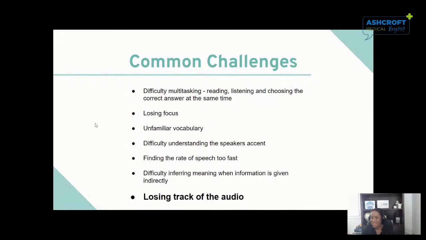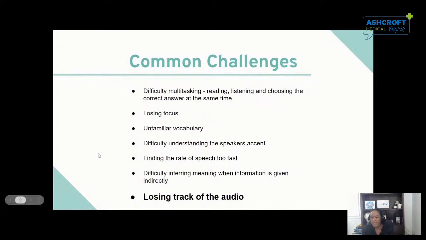Sometimes they find themselves losing focus, or become a little bit stressed when unfamiliar vocabulary comes up. Some mention that there are certain accents that they find more difficult than others. Some find the rate of speech a little too fast for their comfort, and others maybe hear what's being said but find it difficult to infer meaning from the information given in the audio if it's not direct.